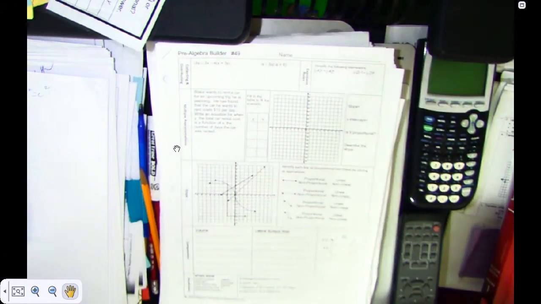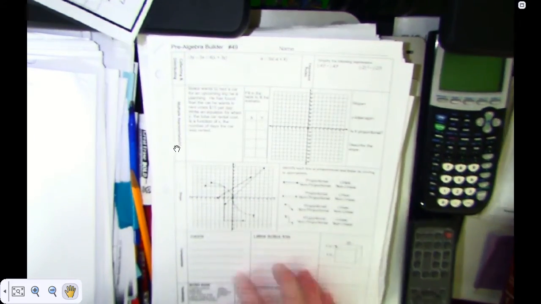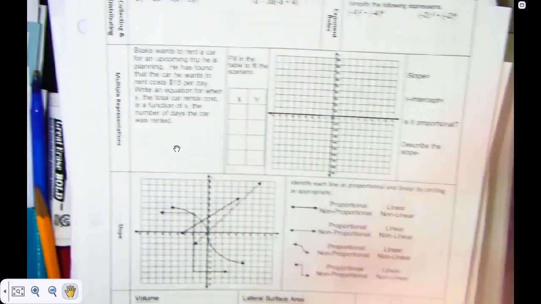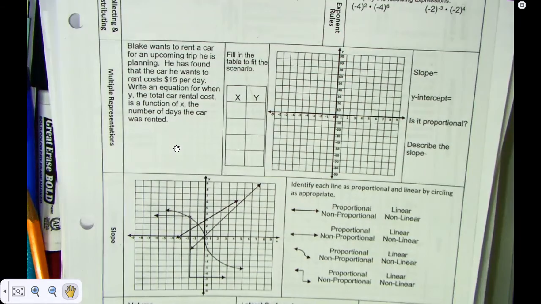Okay, hey, look at the algebra builder. Okay, on 49. Did everybody get one? Okay, look at the third row where it says slope.